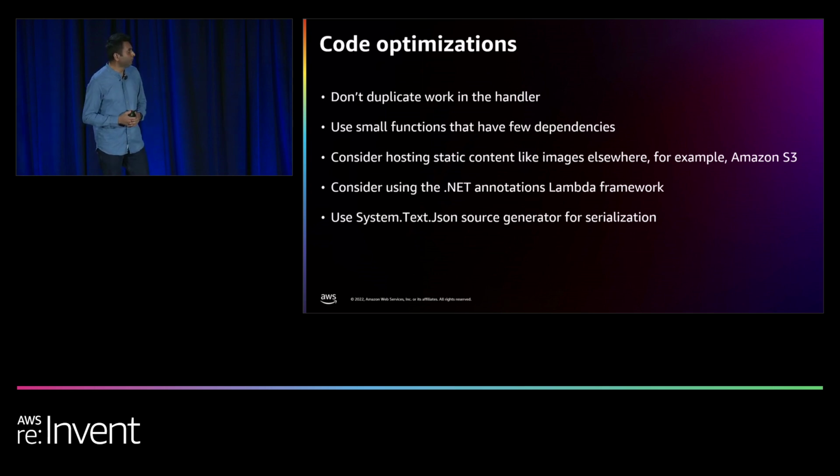The third one is hosting static content in Amazon S3 or somewhere else, rather than doing a disk read while initializing a Lambda. You can probably lazy load some content into your code. And that is, I think, a best practice not only for Lambda, but for any web application performance. I think these days everybody does that.